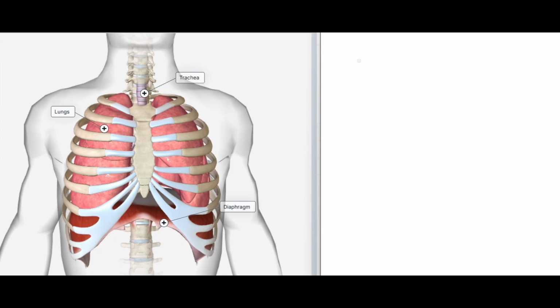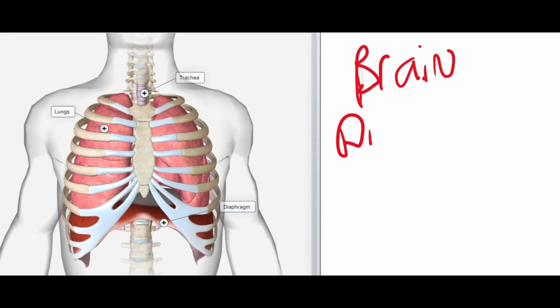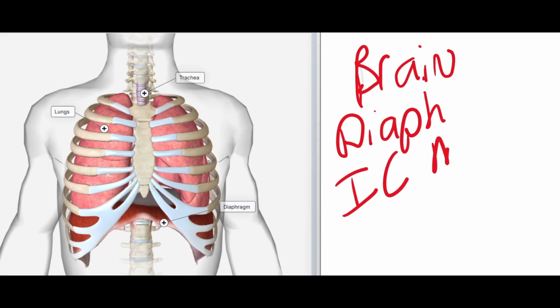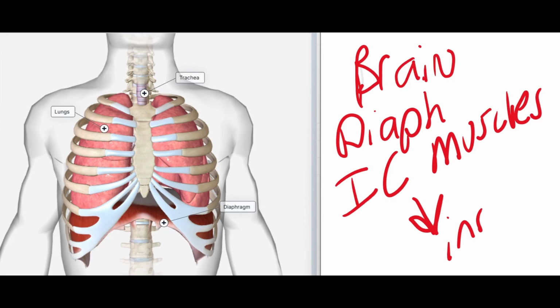We're going to combine the brain telling the respiratory system what to do with the diaphragm, the intercostal muscles, and together we're going to get inspiration and expiration.